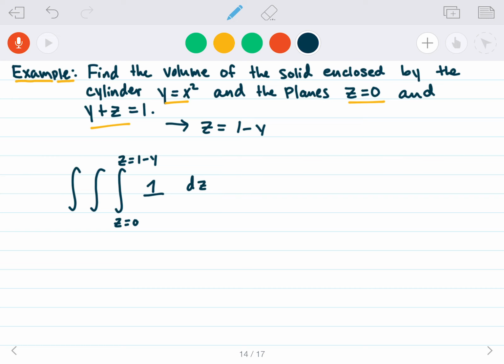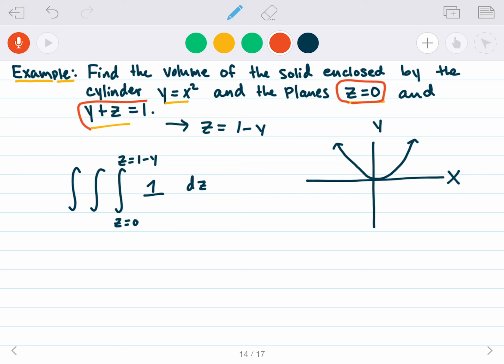And what I can do here is I have y equals x squared, right? So here's my xy plane. So y equals x squared is a parabola looking something like that. And also z is equal to 0.